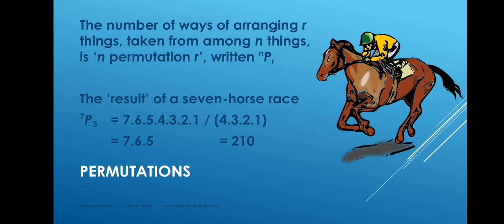So the result, 7P3, is arrange all 7 things, 7 factorial, but then divide by the remaining 4 factorial, because 7 minus 3 positions do not matter, giving us 7 times 6 times 5, which is 210. And all of these quantities can be calculated quite simply using the appropriate key on a statistical calculator.